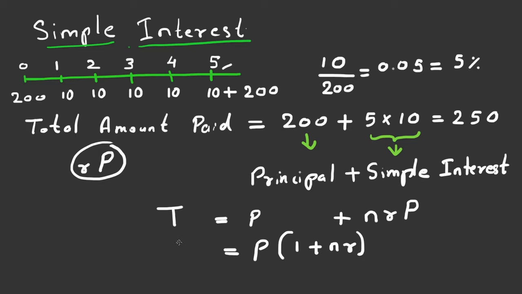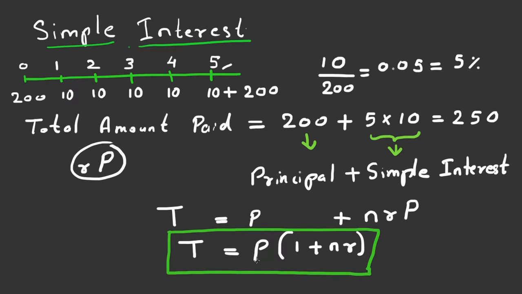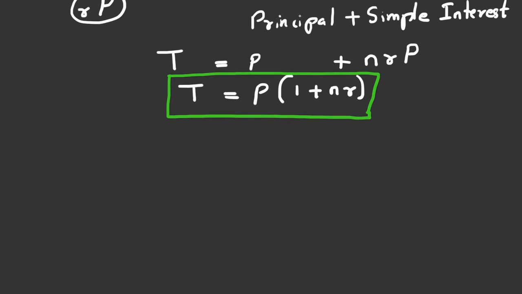So, the total amount paid is equal to P into 1 plus NR, where P is the principal, N is the number of periods, R is the rate of interest. This equation is having 4 variables. One is total amount paid, P is the principal, second one N number of periods, and R rate of interest.